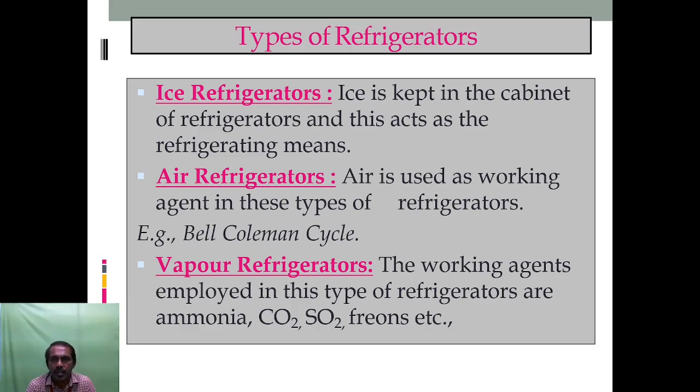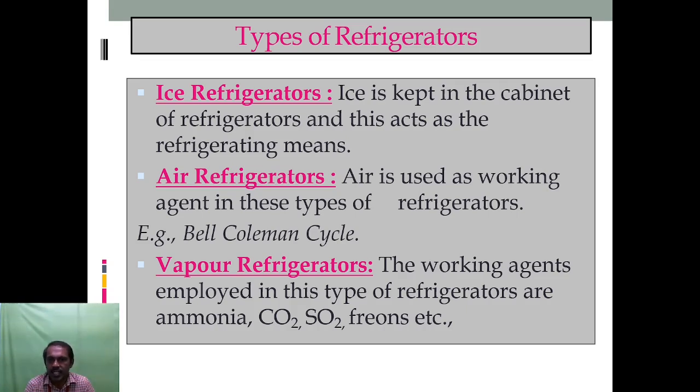Then the types of refrigerator: ice refrigerator, air refrigerator and vapor refrigerator. First, the ice refrigerator: ice is kept in the cabinet of the refrigerator and acts as the refrigerating aid.